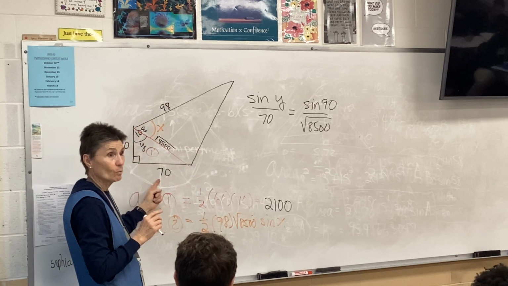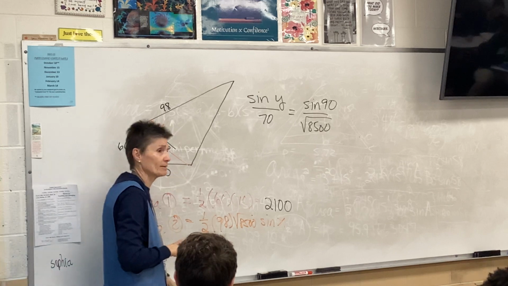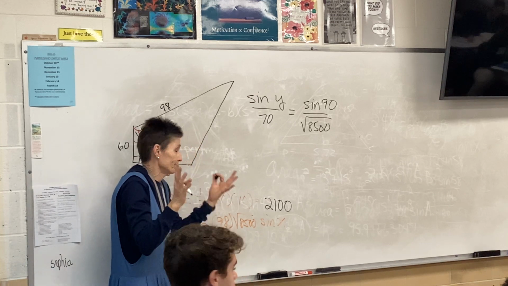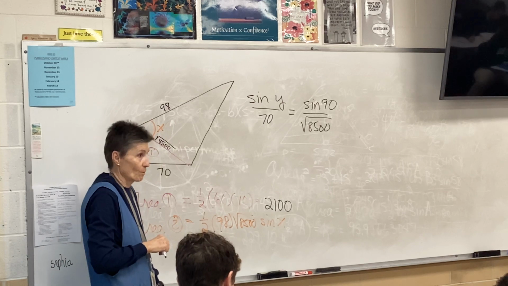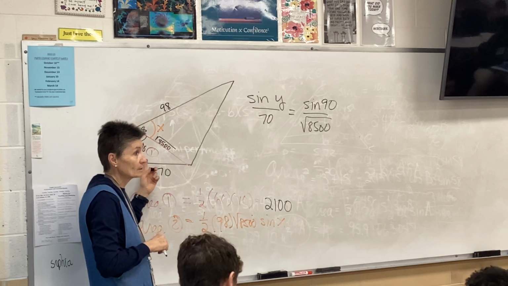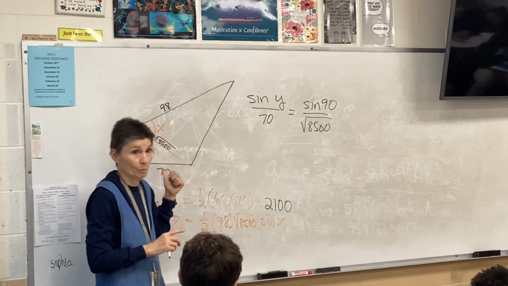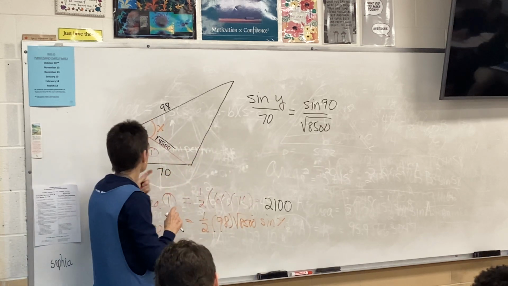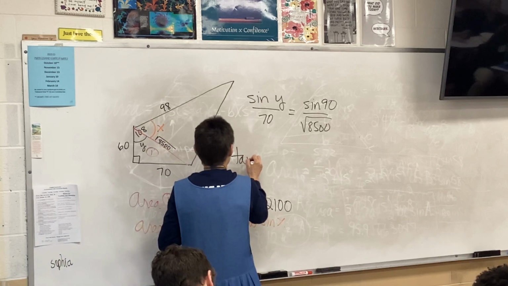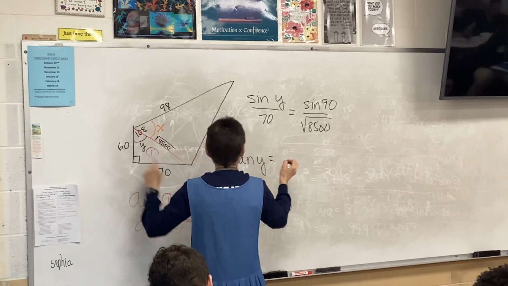Is that okay? What's another option? Catherine's got her hand up back there. You could do tangent of y equals 70 over 60. Remember, that's a right triangle. Law of sines is gonna work every time, but SOHCAHTOA works too, since it's a right triangle. So she says tan y equals 70 over 60.